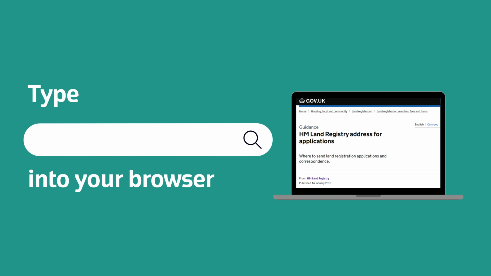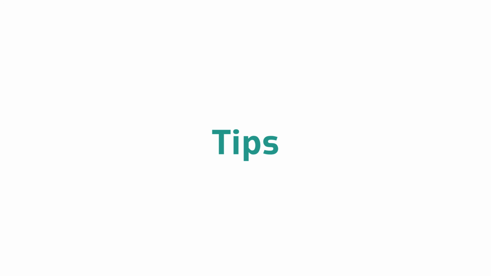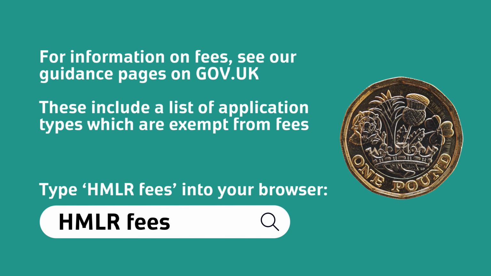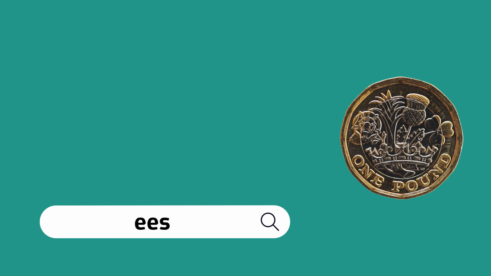Simply type HMLR address into your browser. For information on the fee payable for each type of application and how to pay it, see our guidance pages on gov.uk. These include a list of application types which are exempt from fees.